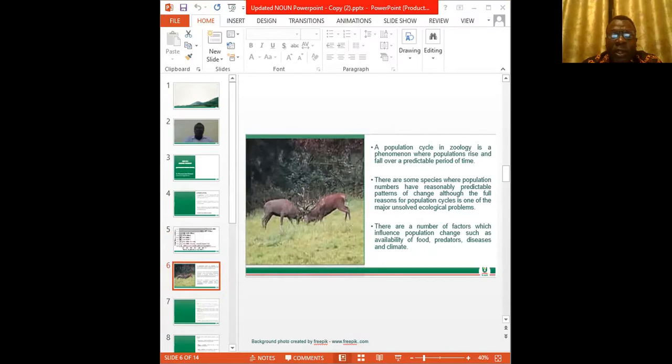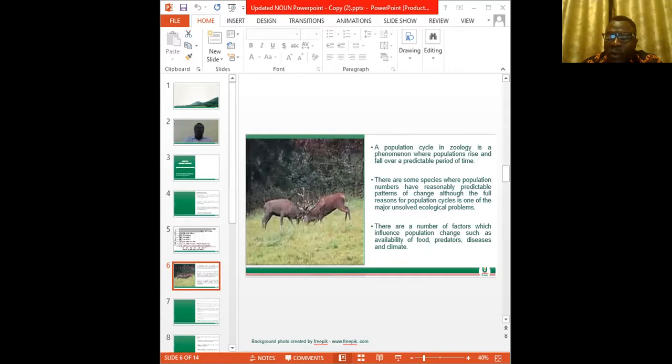Population cycle in zoology is a phenomenon where population rises and falls for a predictable period of time. The rise and fall of population over a period of time. There are some species where population numbers have a reasonably predictable pattern of change, although their population cycle is not one of the major ecological problems.